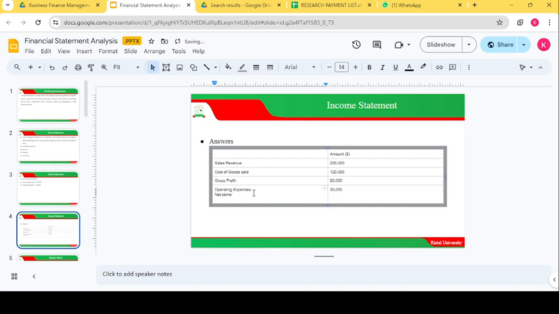To determine whether it is net income or net loss, we need to first calculate.